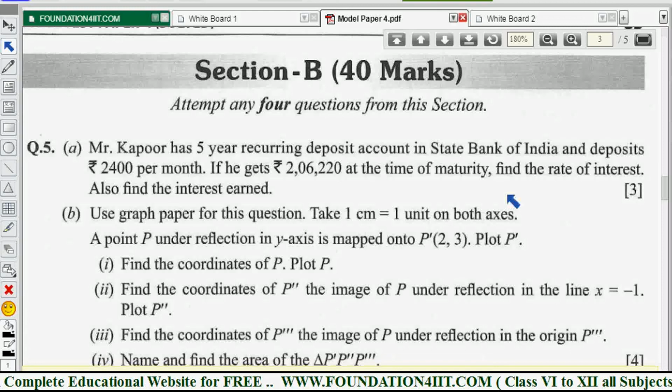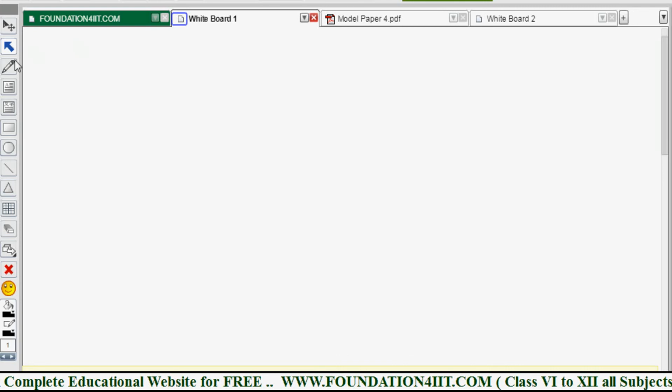So let's take the given data and we'll use the simple interest formula in this banking topic. The monthly installment is given. So let the monthly installment be P. I'm taking it as given, rupees 2,400 is the monthly installment. And time is 5 years. We should convert into months.